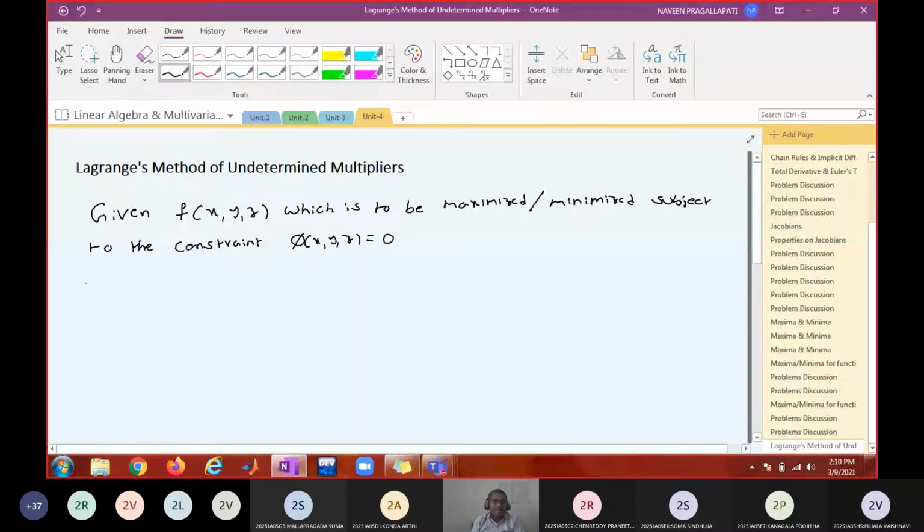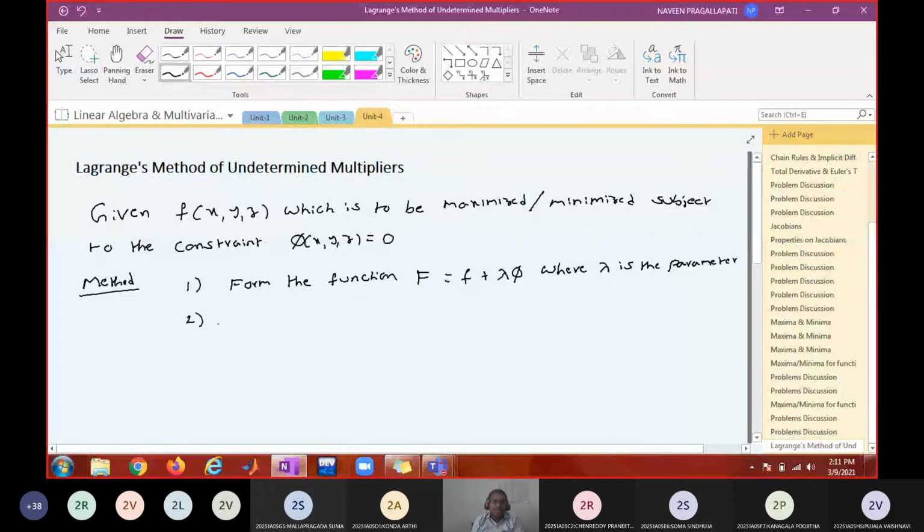So in this method, what you do, you form the function like this: F equal to f plus lambda phi. F is the objective function, phi is the constraint, where lambda is the parameter or undetermined multiplier.